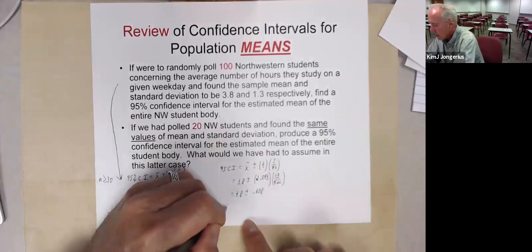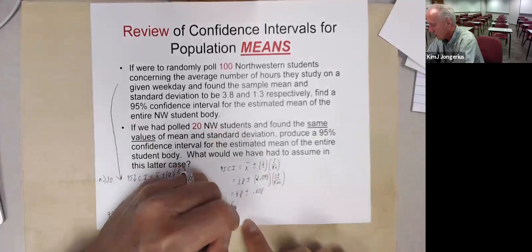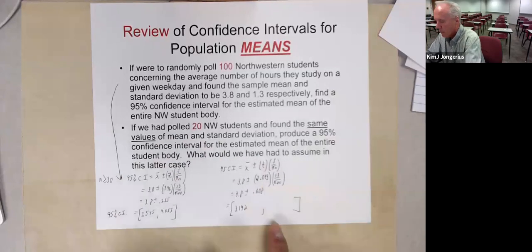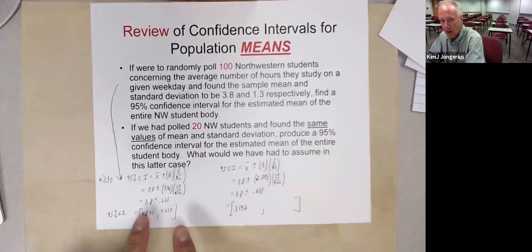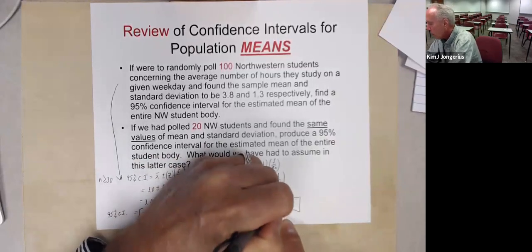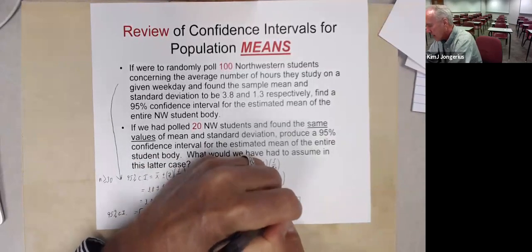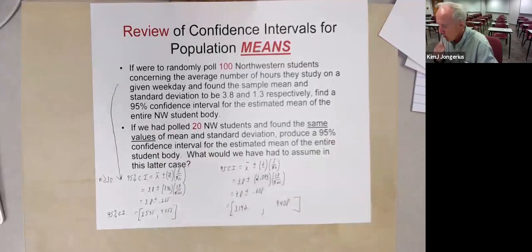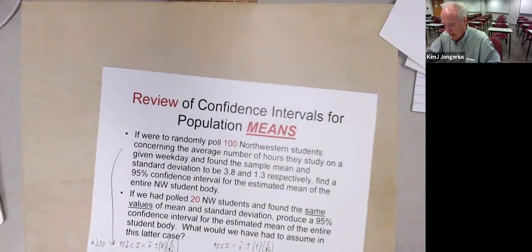That automatically makes this interval also larger, 3.192. I'm going to try and emphasize that it's a larger interval by spreading it out more than what this one is. So it would go over to 4.408. That again should be reviewed. It should look familiar to what we've done in the past.